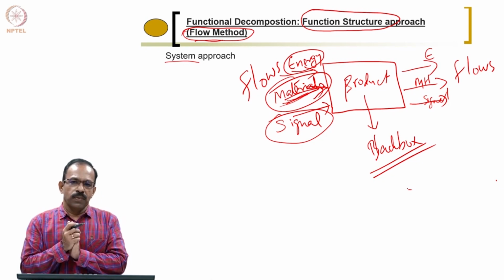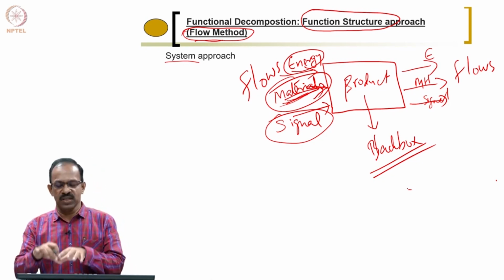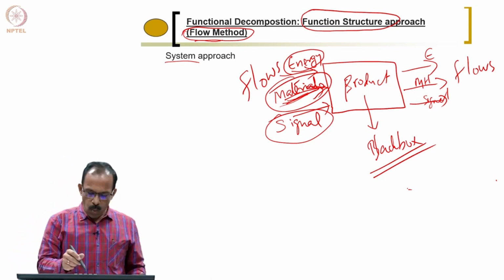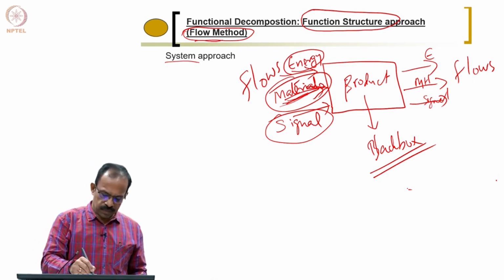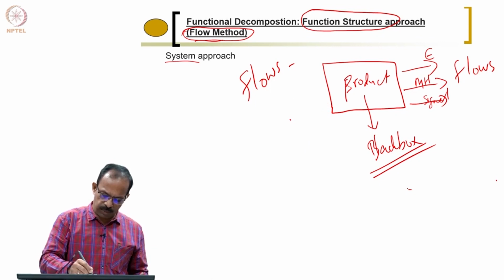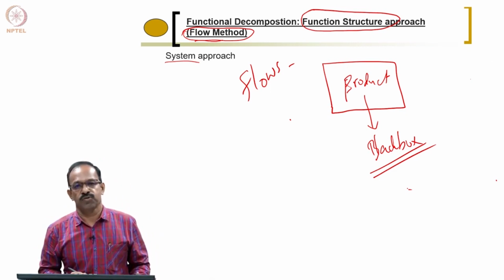Now, once we assume that this is the black box and these are the flows going inside and the flows coming out, the question is what is happening to this material, energy and signal flow. That is the function of the product. So, whatever happens to this material, energy and signal inside, those are the functions of the product.